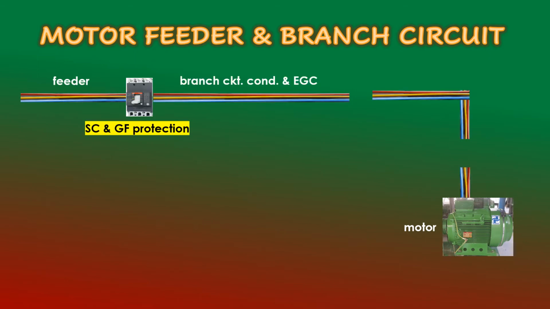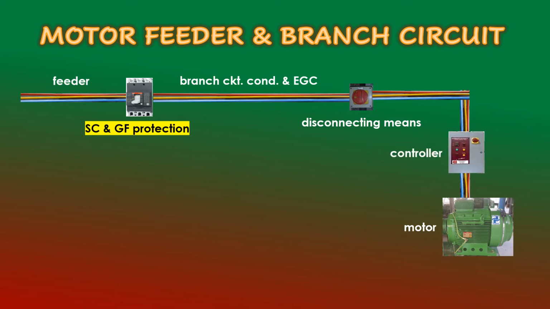So let us have a review again of our motor feeder and branch circuit. This is our feeder. This is the short circuit and ground fault protection, which we are going to calculate or determine. The disconnecting means, here controller and motor.